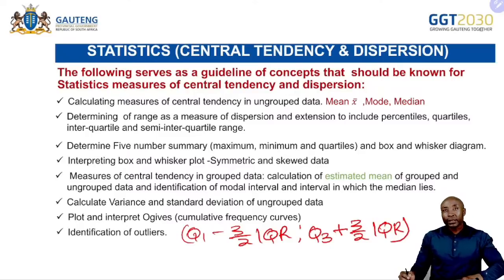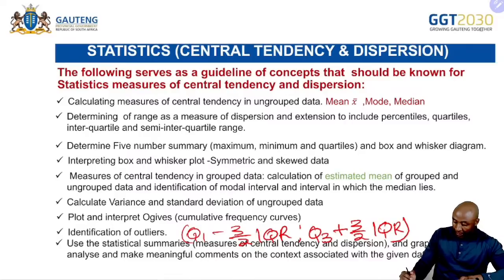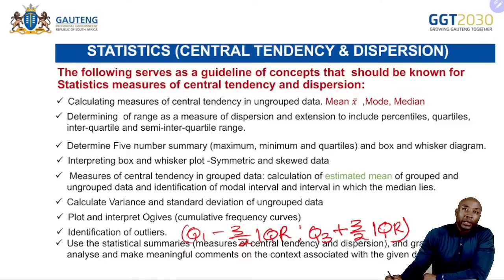But sometimes, especially in scatter plots, it is easy for us to identify the outlier as it is the point that is the furthest from the line of best fit. Now, we should be able to use measures of central tendency as well as dispersion, and we use that to analyze as well as to come up with valid conclusions or associations there.